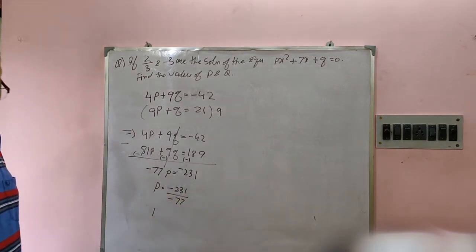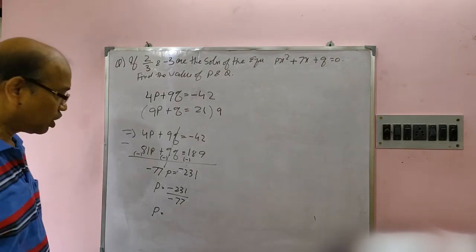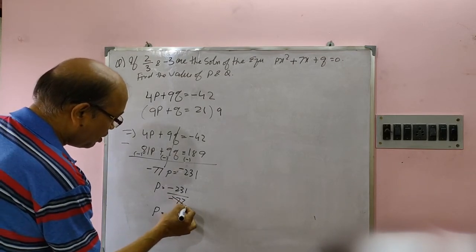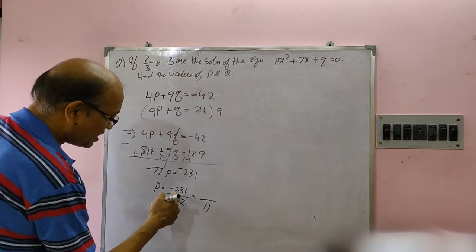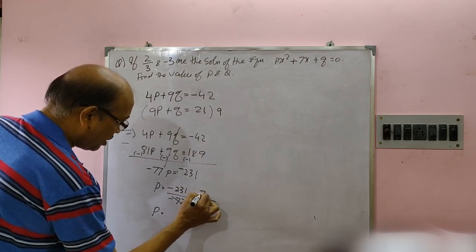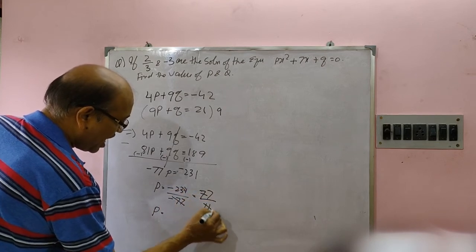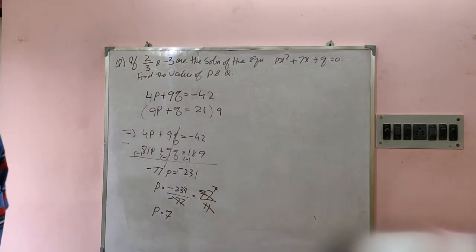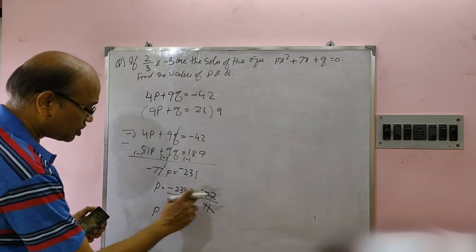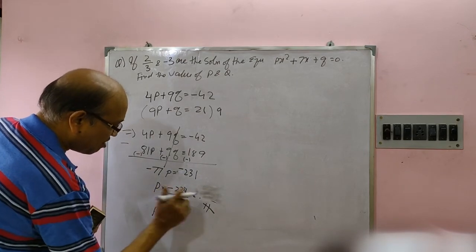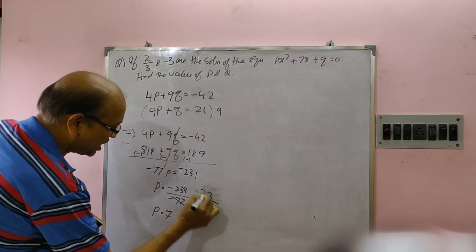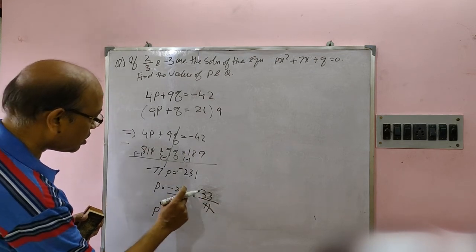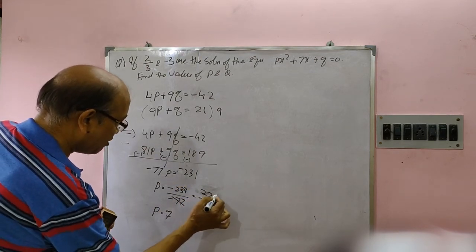Now 231 by 77. 7 threes are 21, 7 elevens are 77, so 7 will cancel, and 11 will go 3 times.